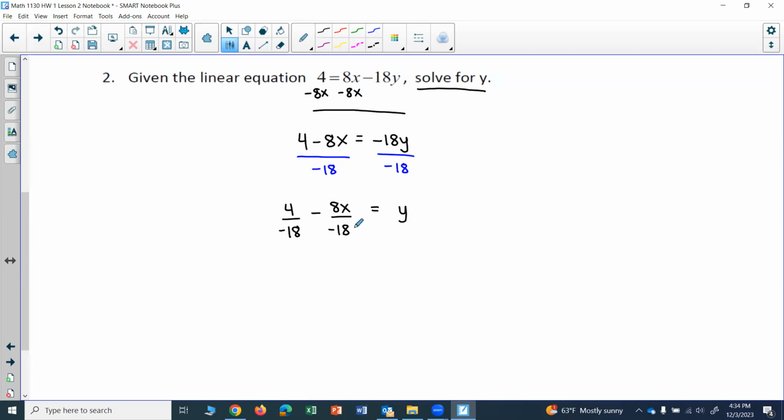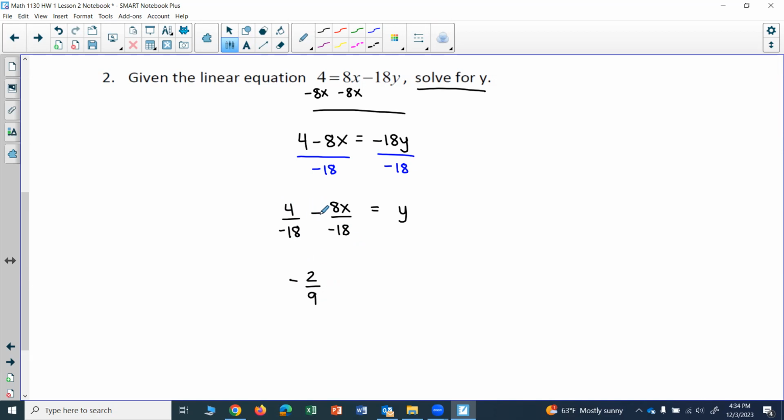And now I want to simplify this. So I know that 4 over negative 18, I would have a 2 that goes into both the numerator and denominator. So this would actually simplify to negative 2/9. 4 divided by 2 is 2, and 18 divided by 2 is 9.